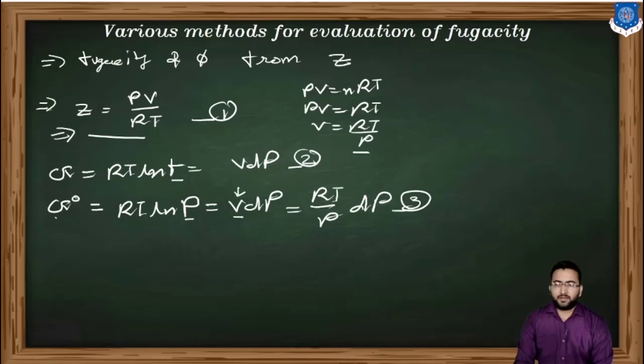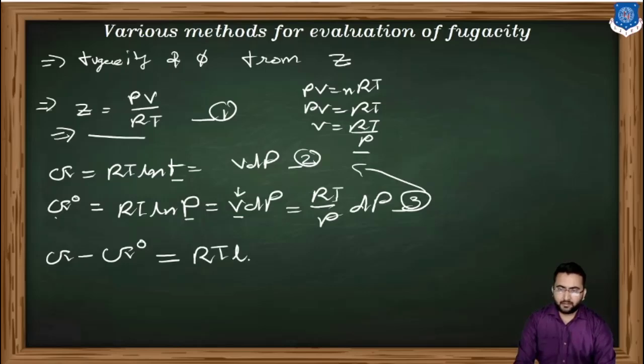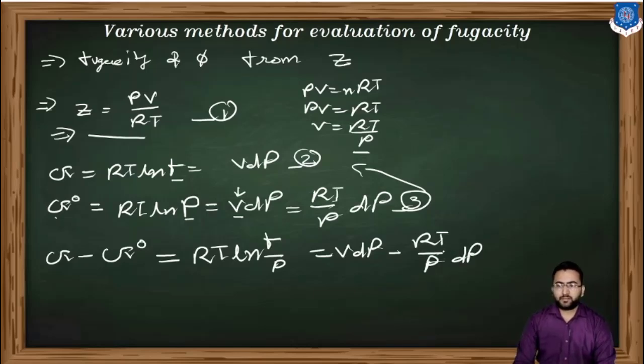By subtracting equation number 3 from 2, we will get dG minus dG naught is equal to RT d ln f minus RT d ln P. In ln f and ln P we can take RT common, so RT into ln f minus ln P, which becomes ln f upon P, and here VdP minus RT upon P into dP. So this is how this equation becomes.